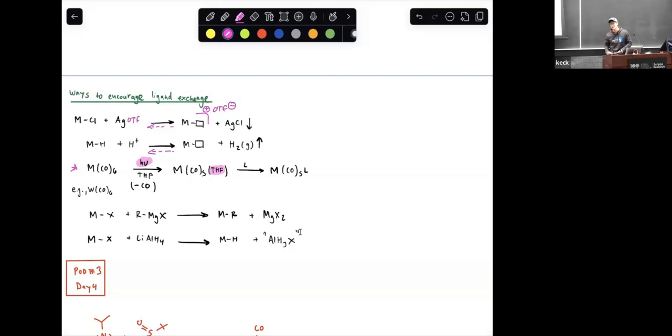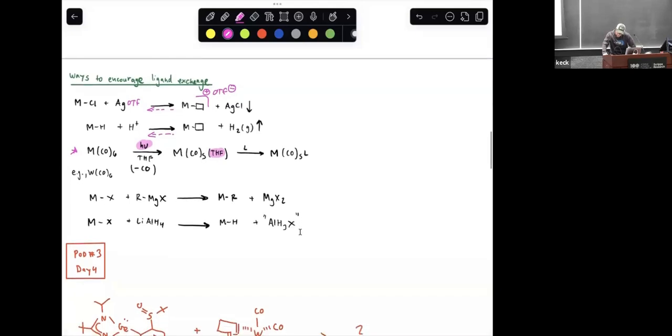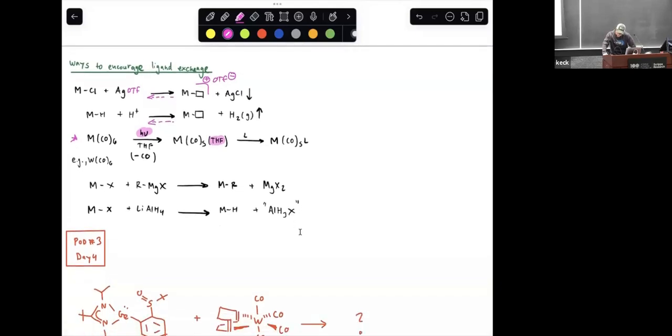You are exciting from predominantly a metal-based d orbital to some typically ligand-based antibonding orbital, and that destabilizes the complex and causes it to fall apart. I think some of the dynamics at play there are still under some investigation, but it's a simplified argument.